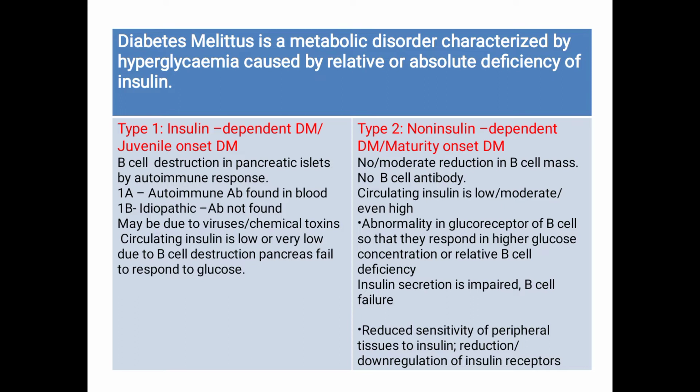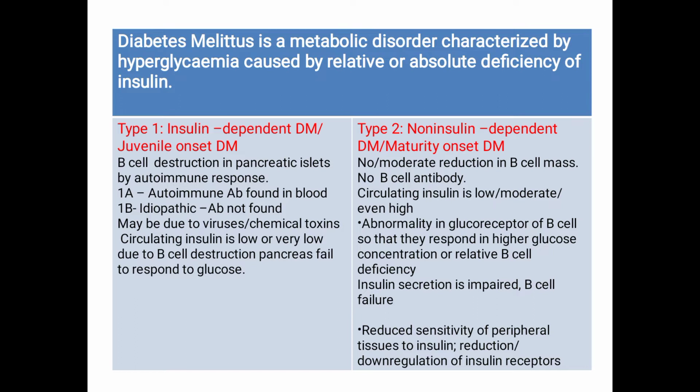Now, insulin is released. Once released, it is generally taken up and disposed into the skeletal muscle or the adipose tissue, which are called the peripheral tissues, right? When the peripheral tissues have decreased sensitivity to insulin, that also causes non-insulin dependent type 2 diabetes mellitus.